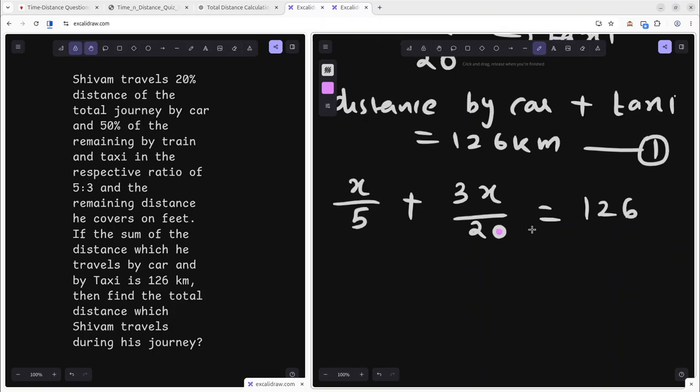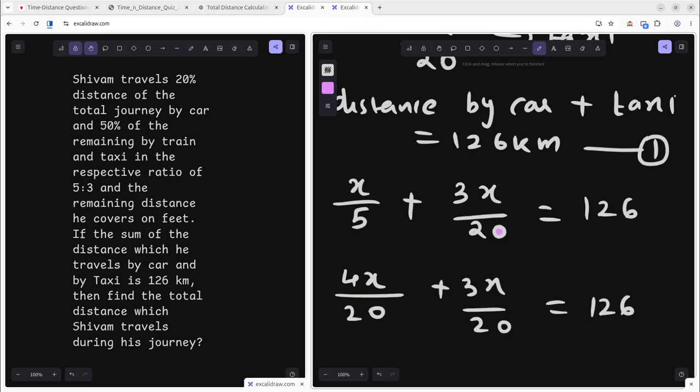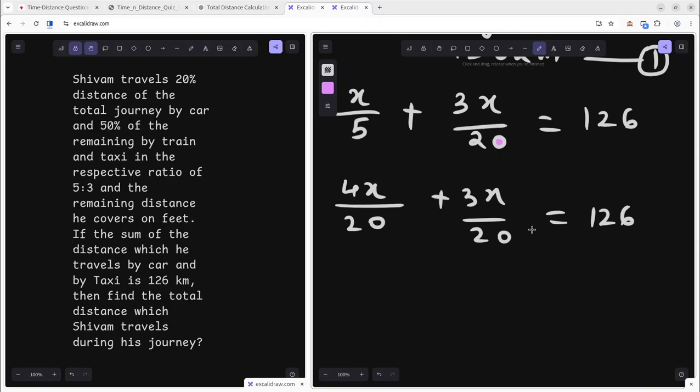Solving it, we are going to make the denominator same, that is 20. So multiplying both numerator and denominator by 4, 4x by 20 plus 3x by 20 equal to 126. That is equal to 7x by 20 equal to 126.